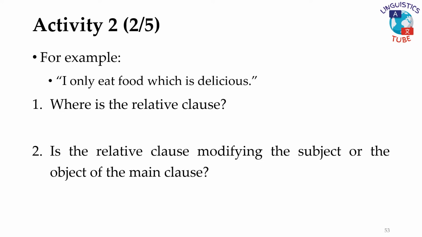In this sentence, "I only eat food which is delicious," where is the relative clause? The relative clause is "which is delicious." Next, is the relative clause modifying the subject or the object of the main clause?